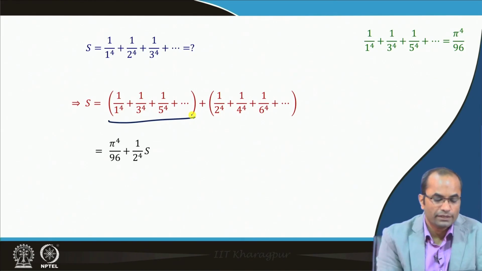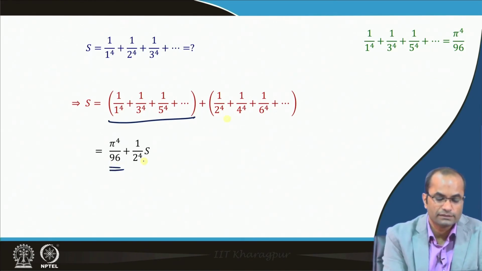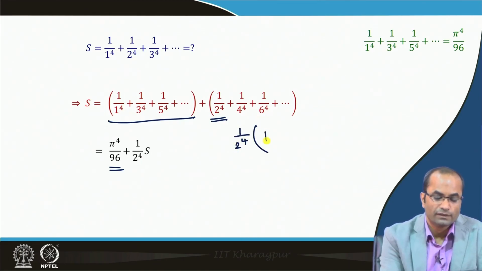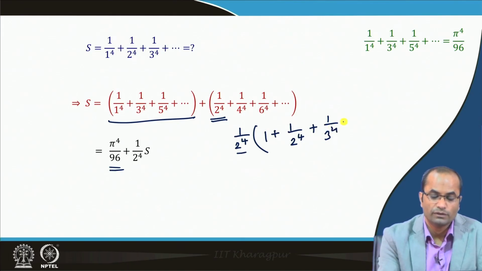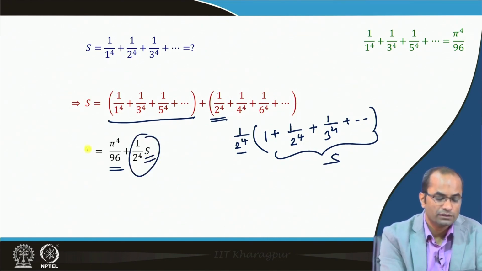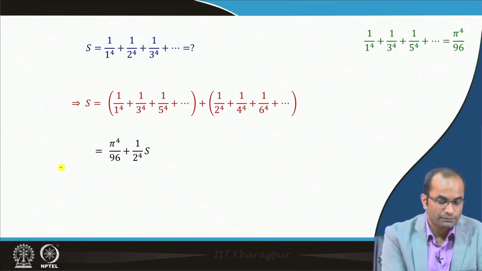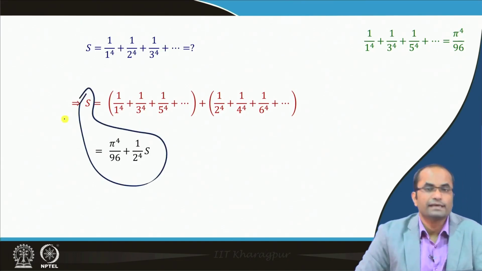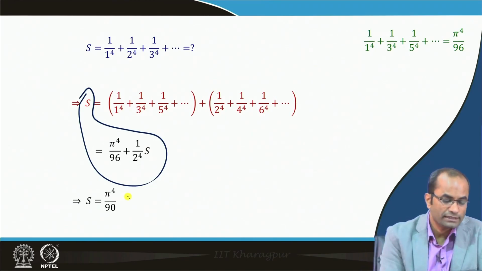Now this we know already: the odd sum is pi to the 4 by 96. If we take common 1 over 2 to the 4 from the even terms, we get 1 as the first term, then 1 over 2 to the 4, then 1 over 3 to the 4, and so on. This will again become S, so it is 1 over 2 to the 4 times the sum S, which we can now simplify to get S. On the left hand side we have 1 minus 1 over 2 to the power 4.